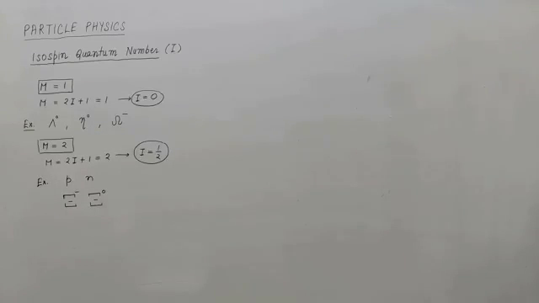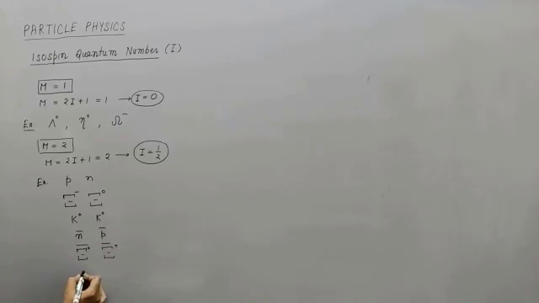Another set is K mesons, K plus and K naught. Another set, you can take the antiparticles of these, like N bar and P bar, cascade neutral antiparticle and cascade plus bar.